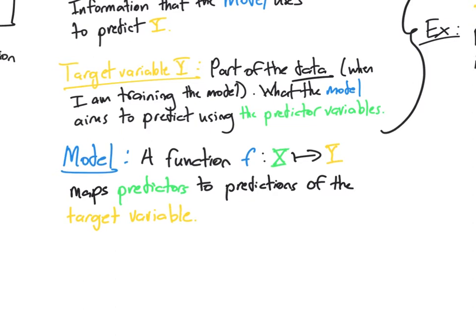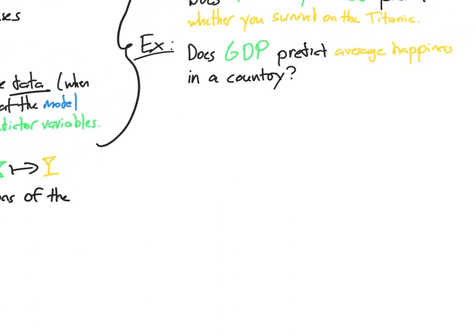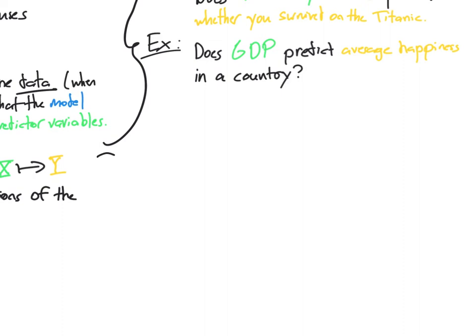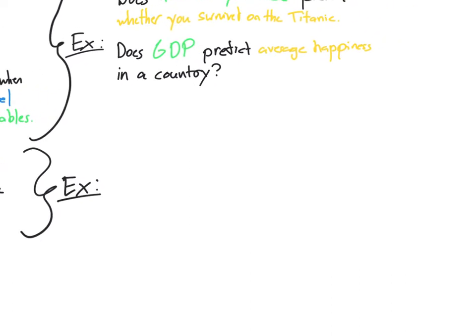Okay, so what this model does is it says, how does GDP predict happiness, for example? So here's a simple example. So sticking with the GDP example, okay, so we can ask ourselves, not just does GDP predict happiness, how does it predict happiness? So here's an example.